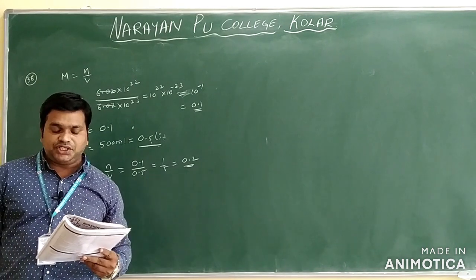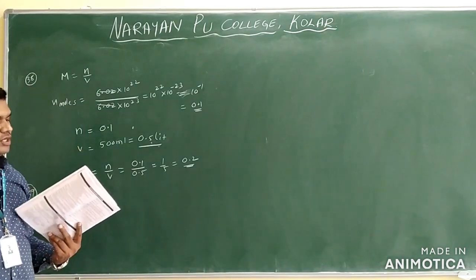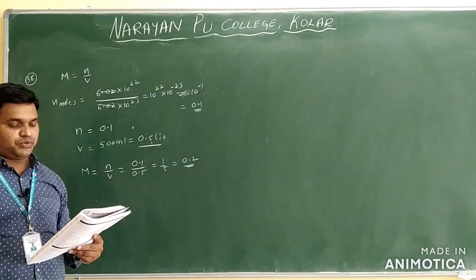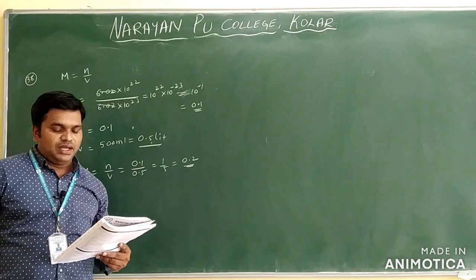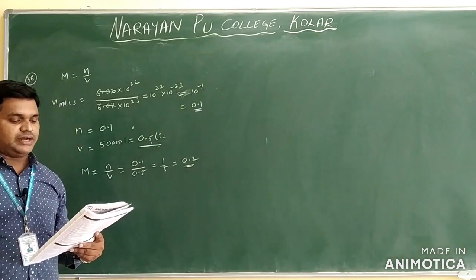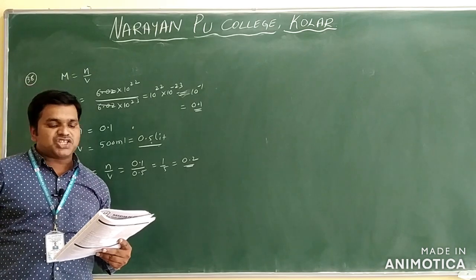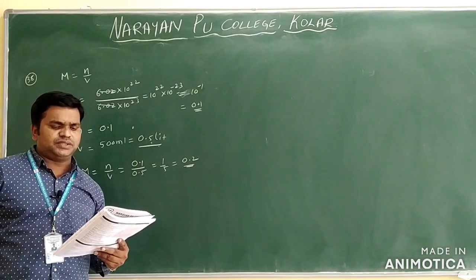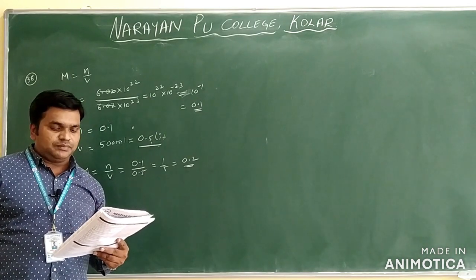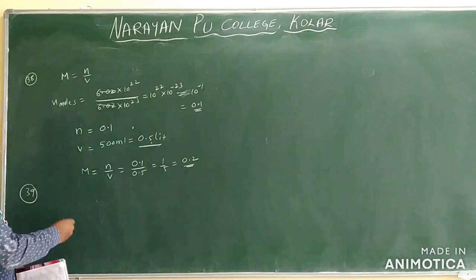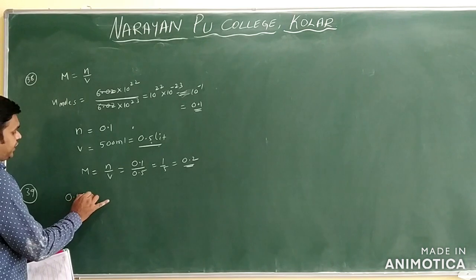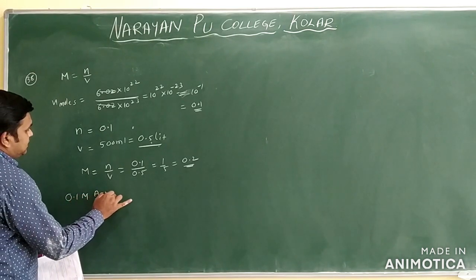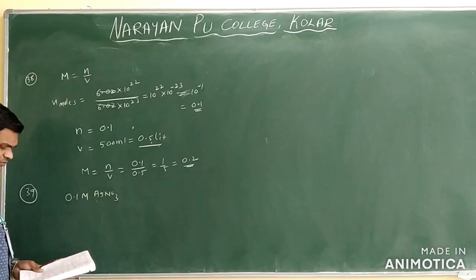What is the concentration of nitrate ions when equal volumes of 0.1 molar AgNO3 and 0.1 molar NaCl are mixed together? They are asking the concentration of nitrate ions in the solution. The volume is equal. The first one given is 0.1 molar AgNO3 only.